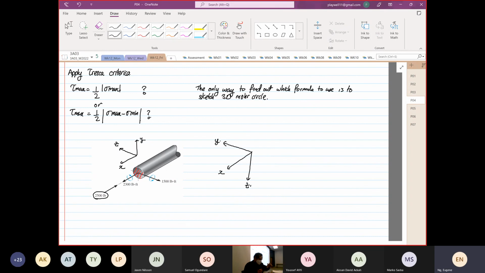I'm going to rotate the shaft by 90 degrees. If you look at the page, I'm going to rotate it anti-clockwise by 90 degrees. Element C is definitely down here. So when I rotate it, I will see this.